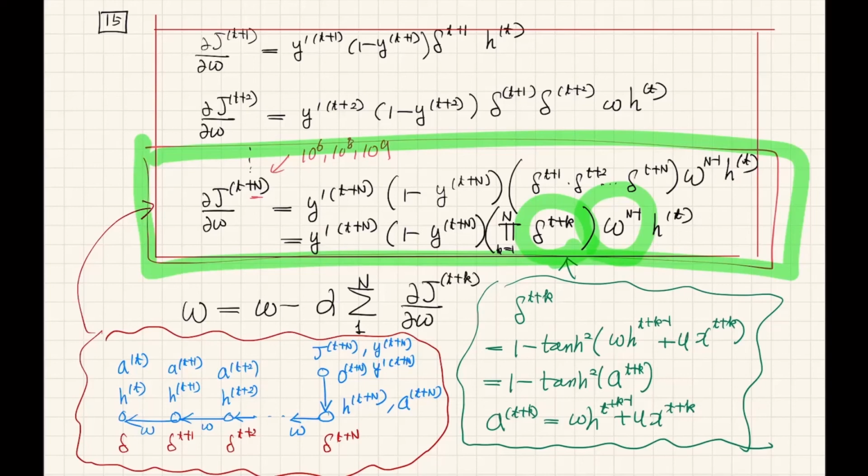In the other case, if W is larger than 1, the derivative becomes infinite, and computationally it is meaningless and unuseful. So because of that, we have to come up with LSTM.